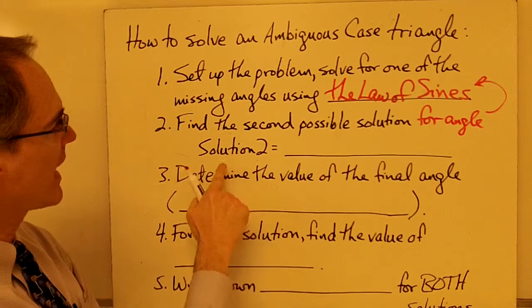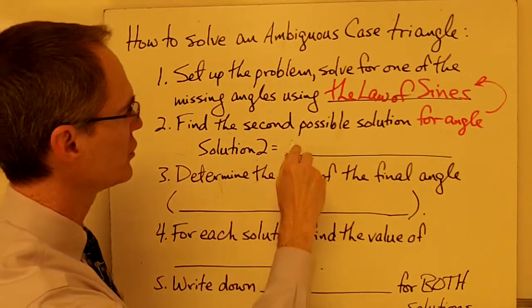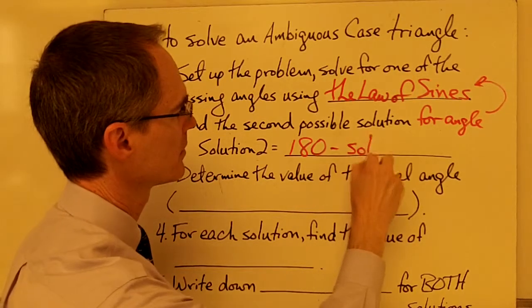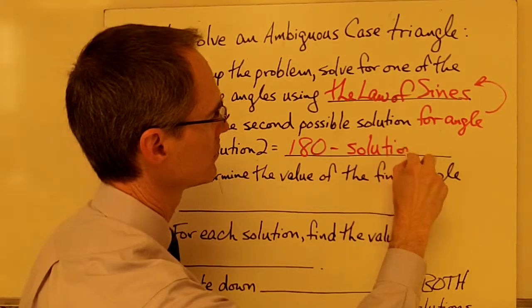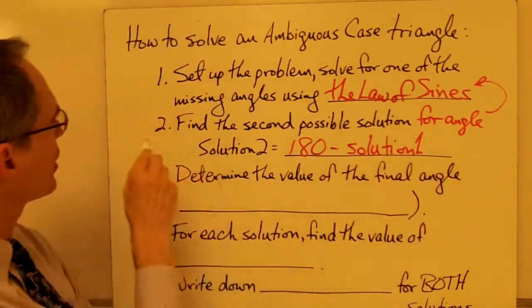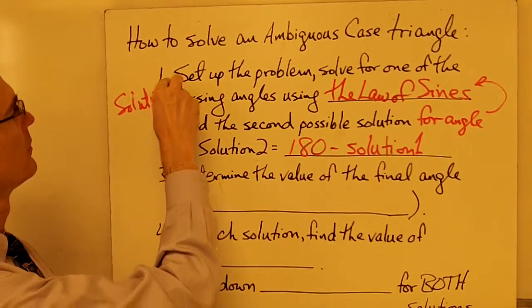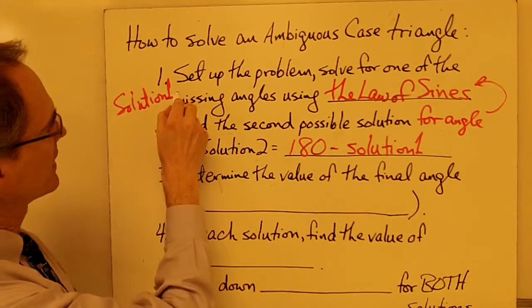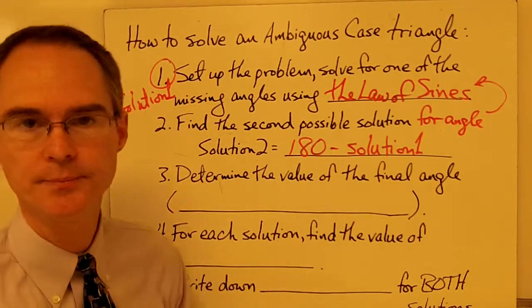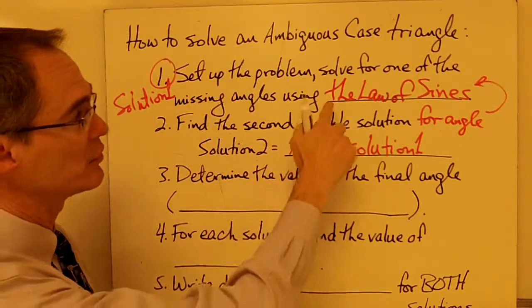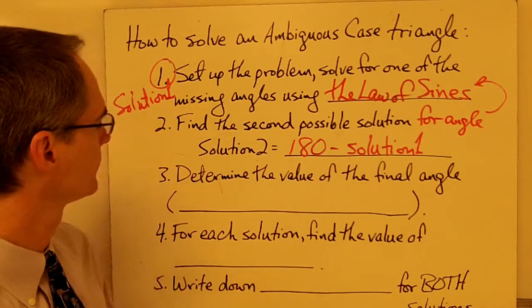The way you do that is solution 2 is 180 degrees minus solution 1, where solution 1 is just the angle that I found here in part 1. Now I have two possible values for this same angle.